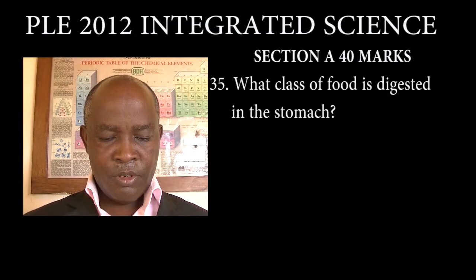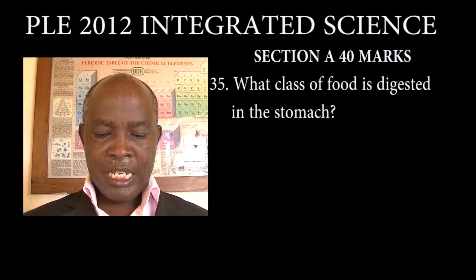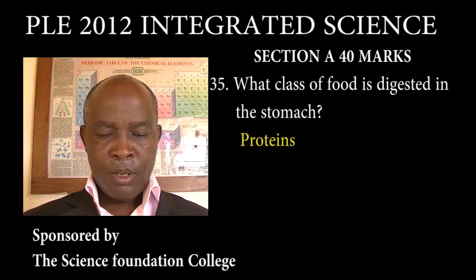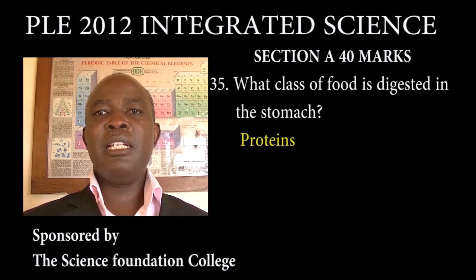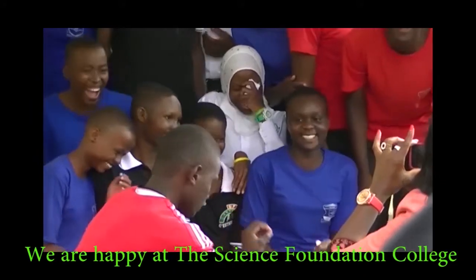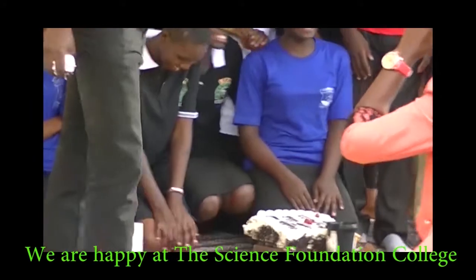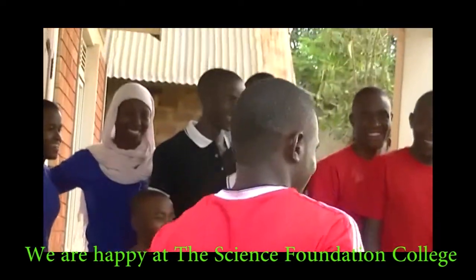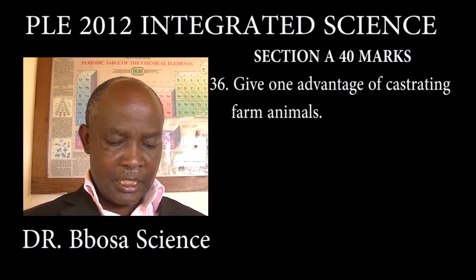Number 35. What class of food is digested in the stomach? Proteins, by pepsin produced by the stomach. Number 36.